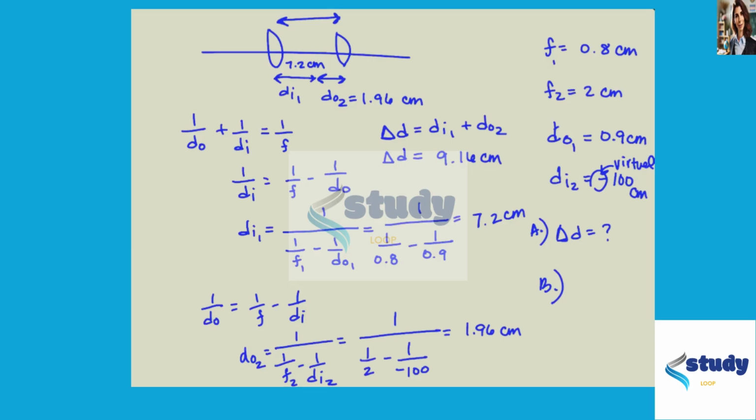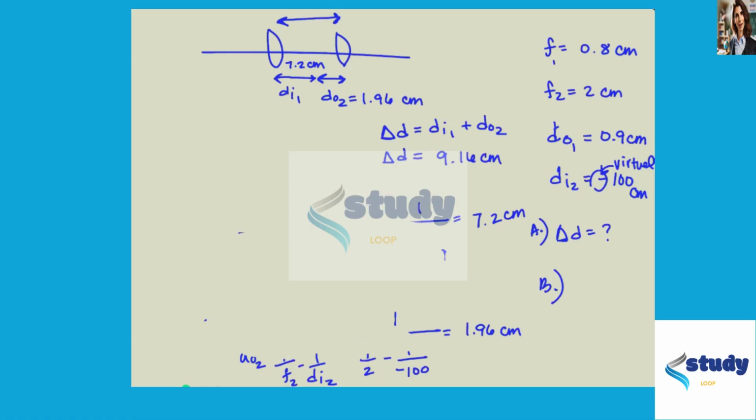For part B, it's asking for the angular magnification. For the angular magnification, we're going to be using the near point distance for the eye, which is about 25 centimeters. I'm going to give myself a little bit more room here. We're going to be using the angular magnification equation.